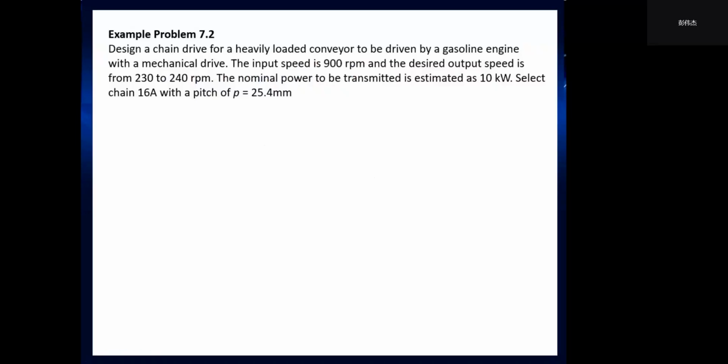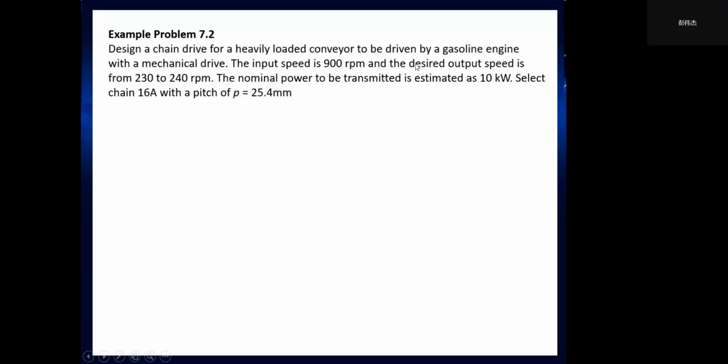Then let me show example 2. Example 2: design a chain drive for a heavily loaded conveyor to be driven by a gasoline engine with a mechanical drive. The input speed is 900. Input speed is the speed of the driving sprocket.